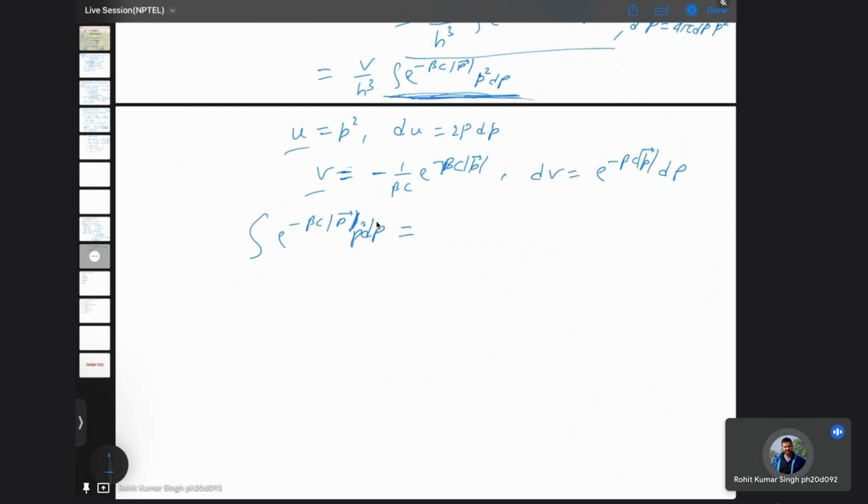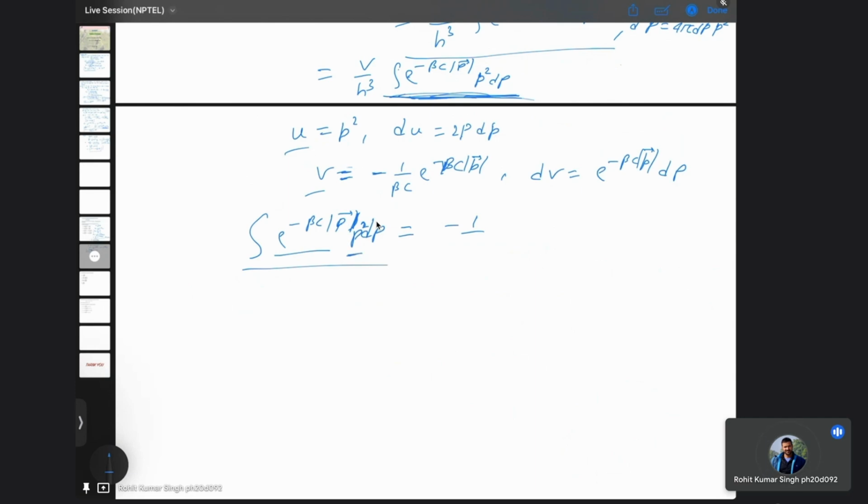So first let's do the integral by parts for this. First you do this integral, and then in the second step you do the differentiation.